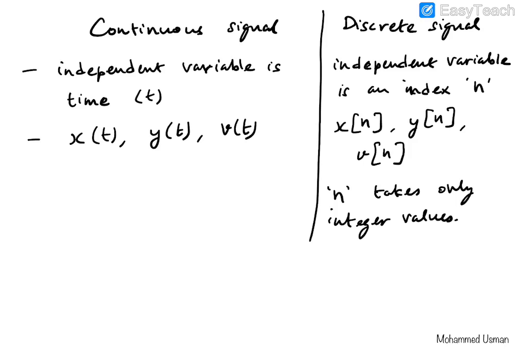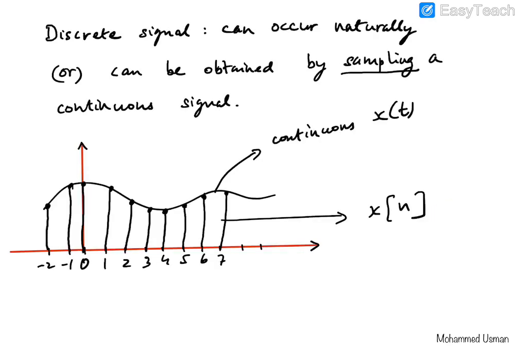Now, when we denote the discrete sequence or the discrete signal as a function of the index n within square brackets, and n takes on only integer values, just to give you an idea how we interpret this, let's look back at our discrete signal. So this first sample here, which has the index at -2, corresponds to x of -2.